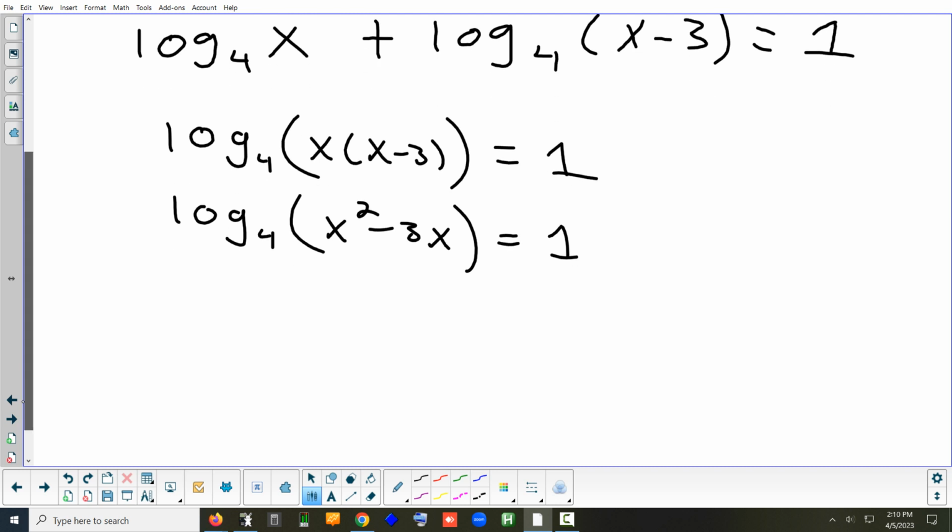What do we have to do with that now? Change it to exponential. Yep. Tony, what's my base? 4. Yep, 4. And 1 logarithm always equals what kind of number? Exponent. So logarithm equals, my exponent is a 1. And Gavin, what goes on the other side?